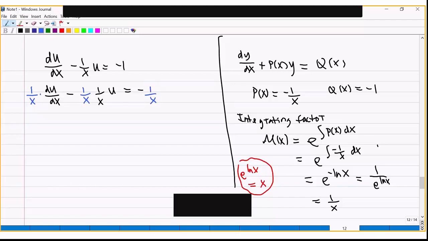Then the left hand side can combine. If you do it correctly, you should get this term and this term together, so you get the derivative of 1 over x times u.